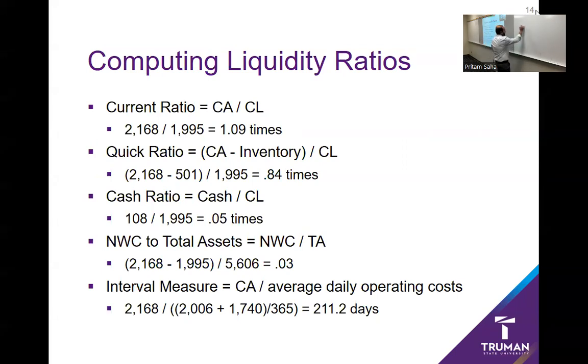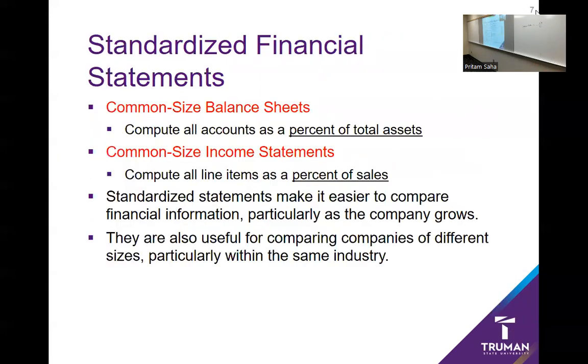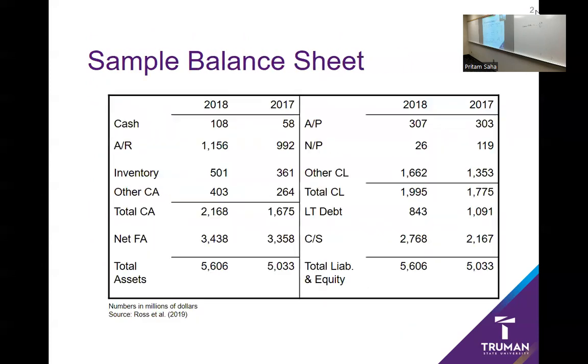How can we calculate the current ratio? It is current assets over current liabilities, right? Current assets 2168. Current liabilities 1995, right?